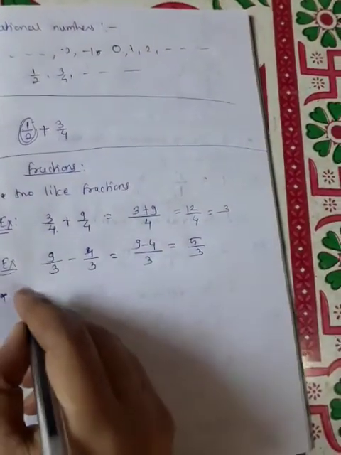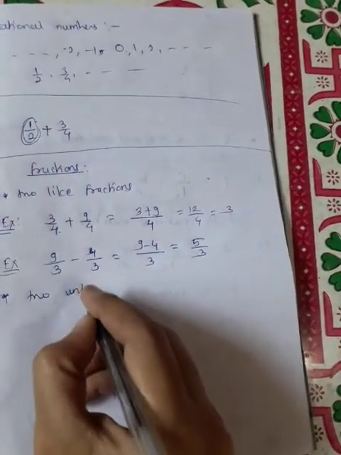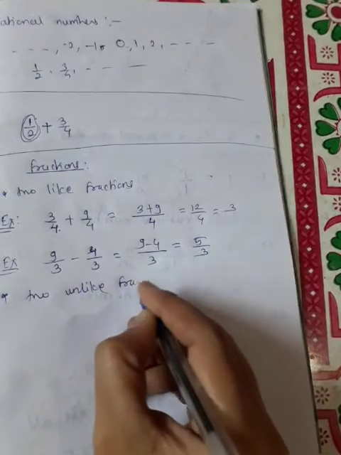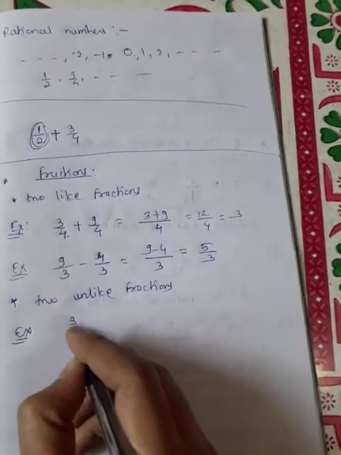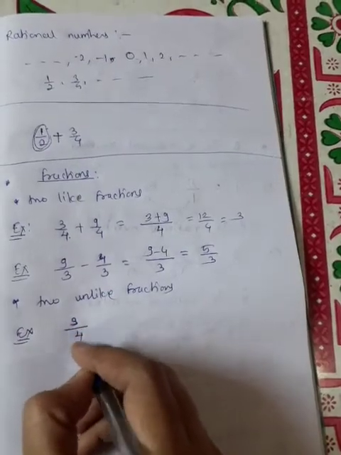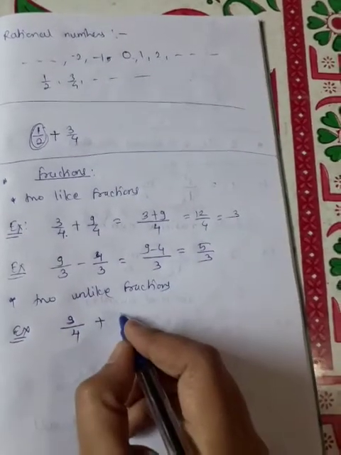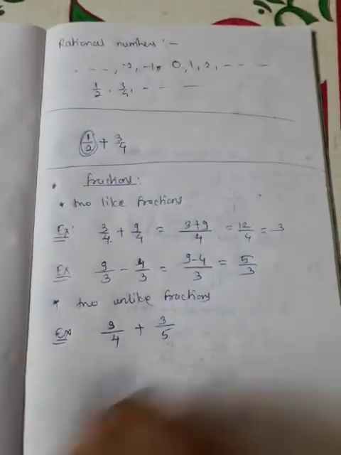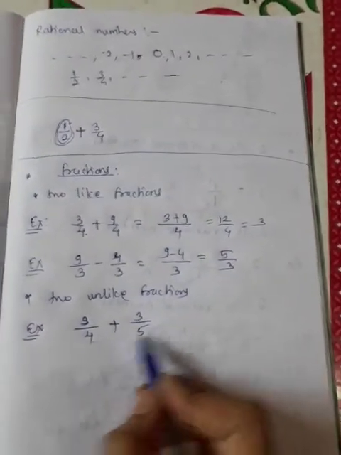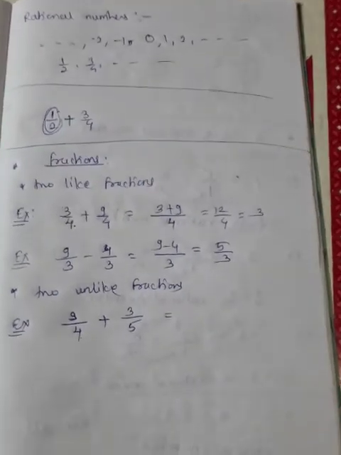Now see how to add and subtract unlike fractions. So see, if we have two unlike fractions, 9 by 4 plus 3 by 5. Okay, so see, these are unlike fractions because their denominators are not the same.